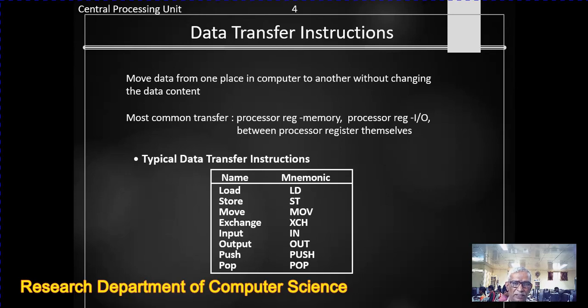The typical data transfer instructions, with their mnemonic codes, that is the symbolic codes, are: LD means load, ST means store, MOV means move, exchange XCH, input IN, output OUT, push, and pop. The last two are used in stack.